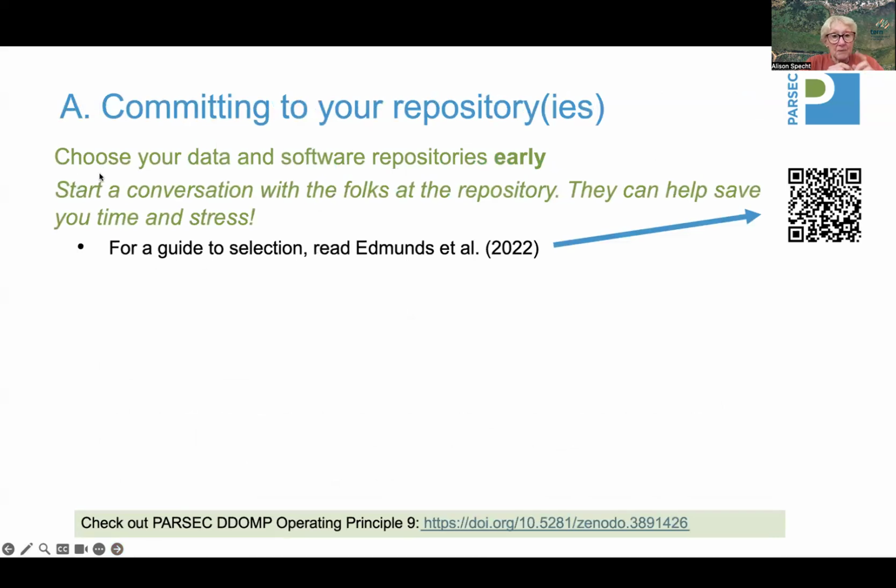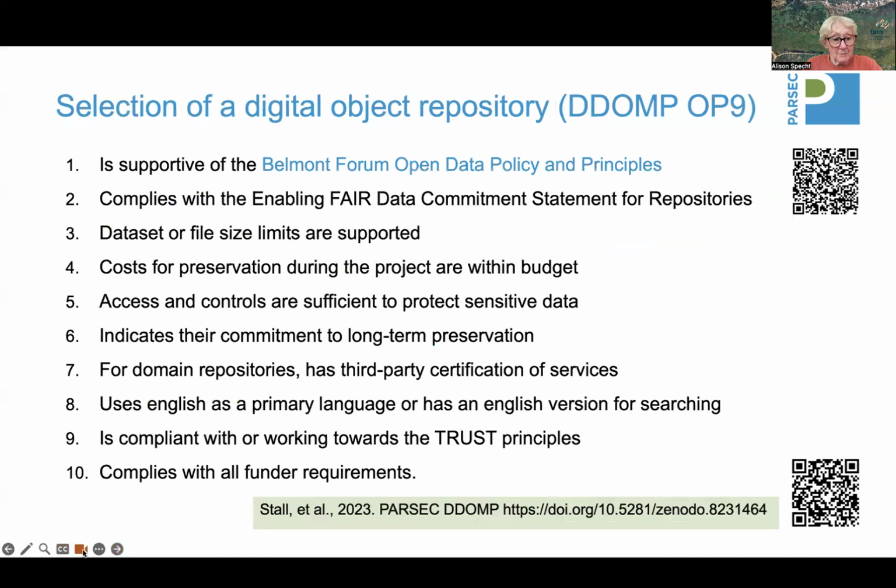So first thing, choose your data and software repositories early. Start a conversation with the folks at the repository. They can help you save time and stress. For a guide to selection, read Edmonds et al. That's a Parsec product, which I highly recommend. I should have probably done that before.